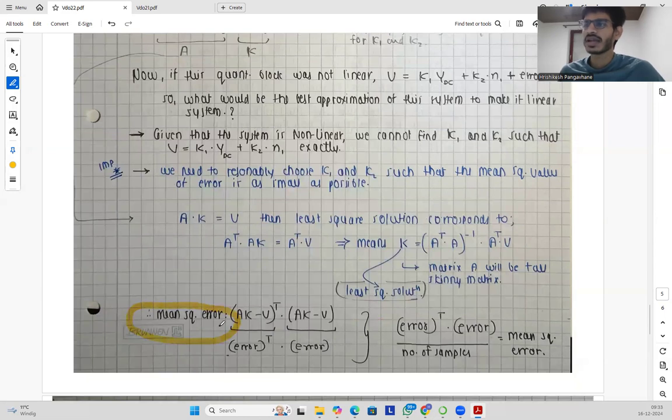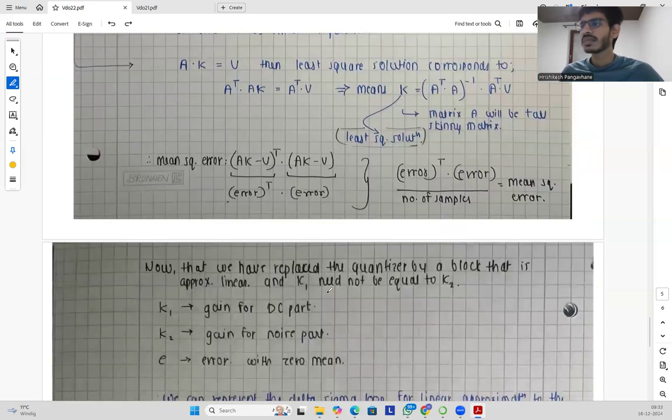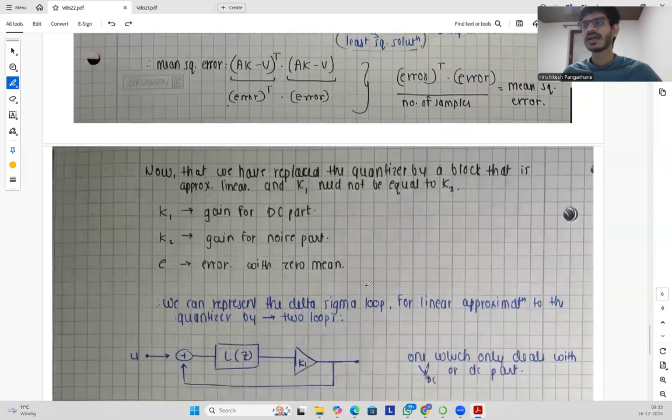Because in the end we have to look at mean square error, and the mean square error can be given by error transpose times error divided by the number of samples. So it's just an introduction to how we can approximate the non-linear quantizer to make it look linear. In the end, why are we trying to do this? It's very hard to deal with a non-linear block.